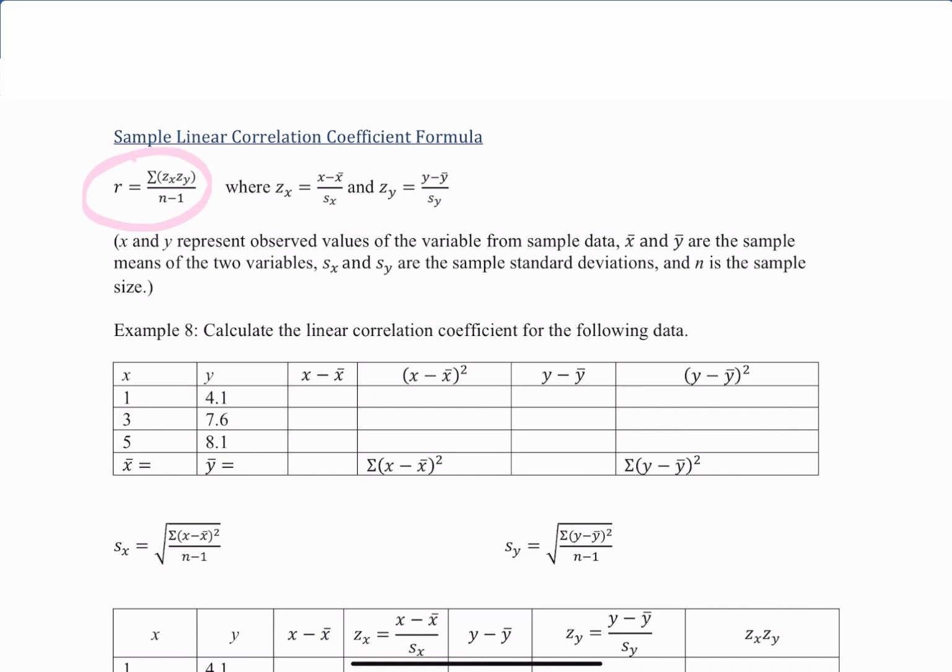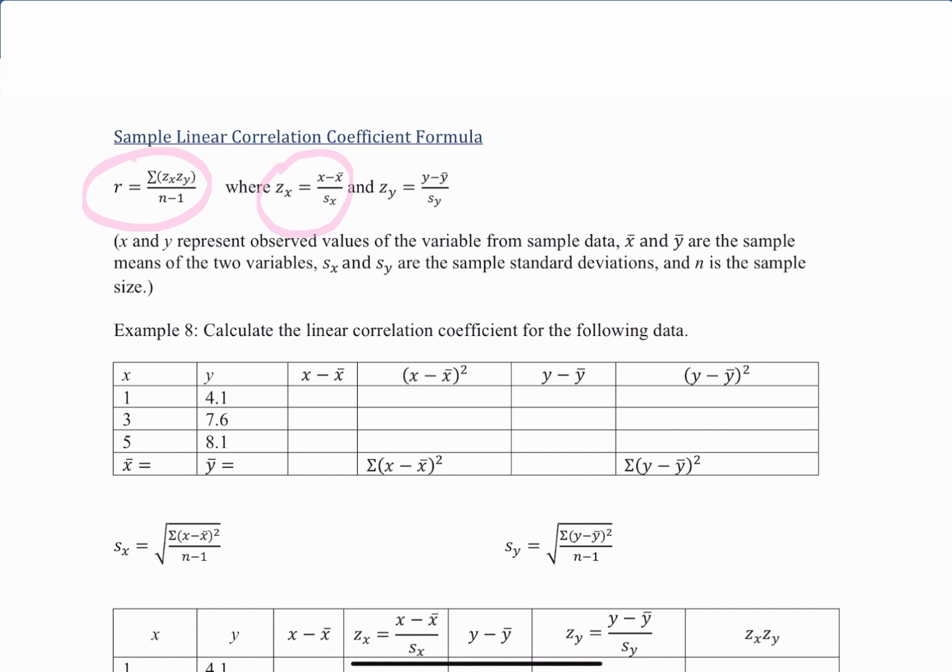And I'll just remind you what the z-scores are. The z-score for some x value is that x value minus the mean of the x values divided by the standard deviation of the x values.